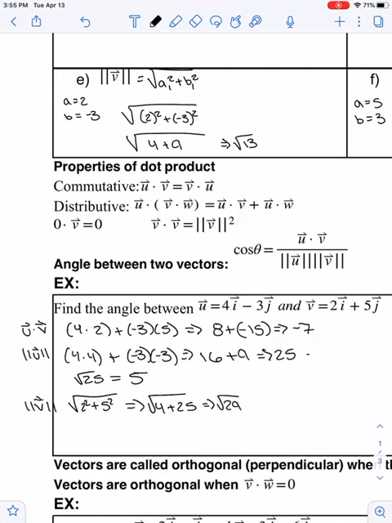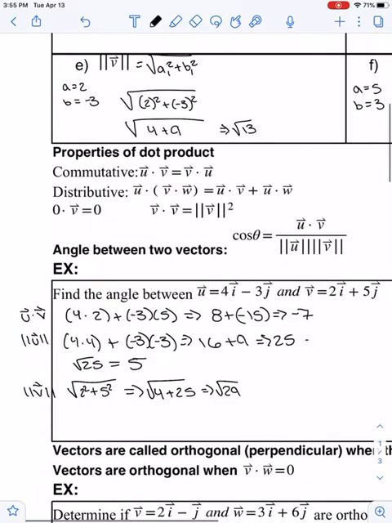And now I'm going to plug all those values into that formula. So we have cosine theta equals negative 7 over 5 times the square root of 29.